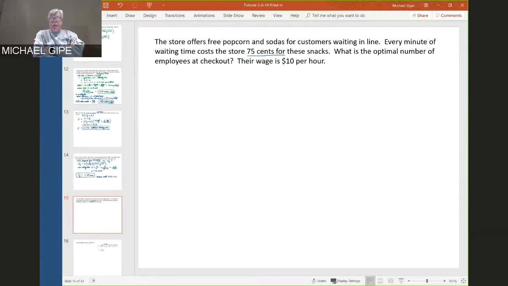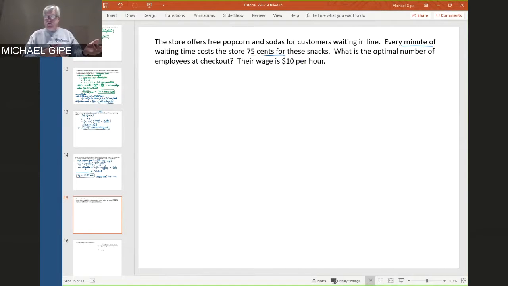So we've got customers waiting in line, and we're giving them free snacks, but it costs us 75 cents a minute for those snacks. And the question is not what's it going to cost us?